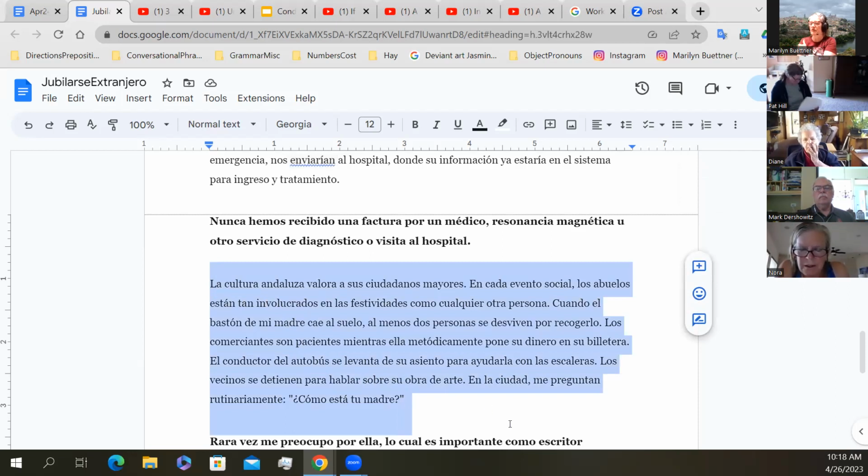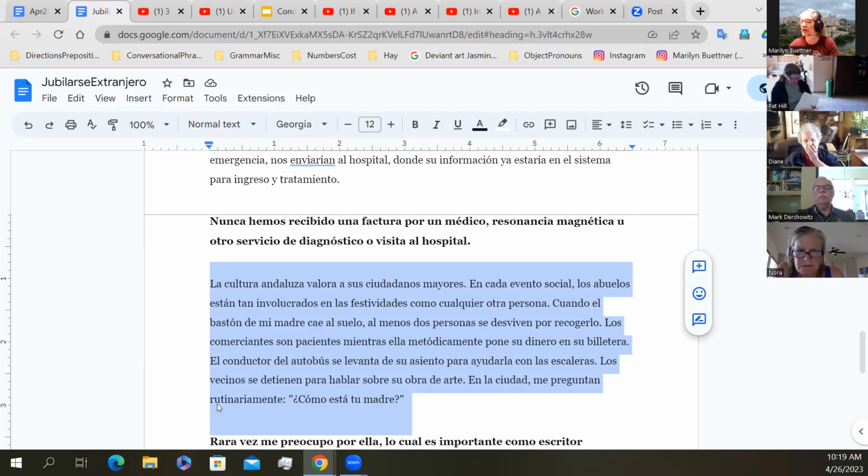Andaluz valora a sus ciudadanos mayores. Andalusian culture values its older citizens, and that is very true. Here, the third line. En cada evento social, los abuelos están tan involucrados en las festividades como cualquier otra persona. In every social event, grandparents are involved. Involucrados means involved.